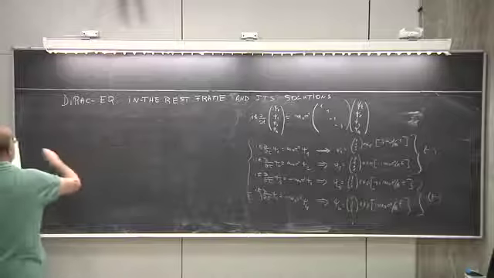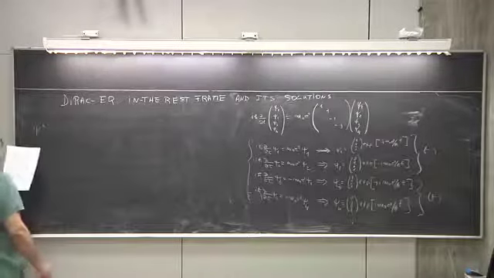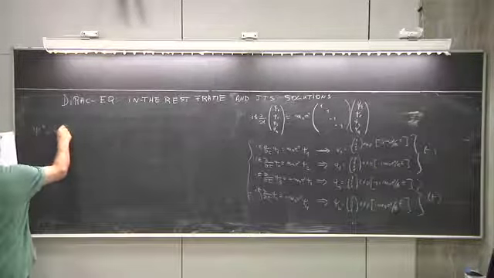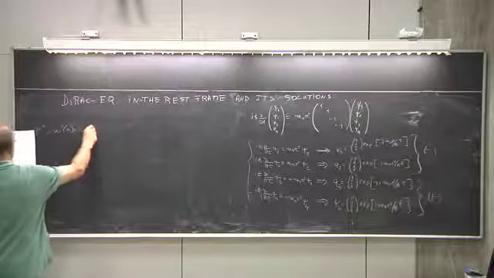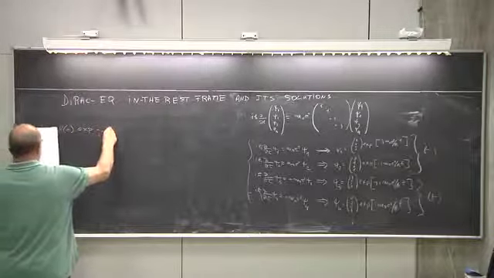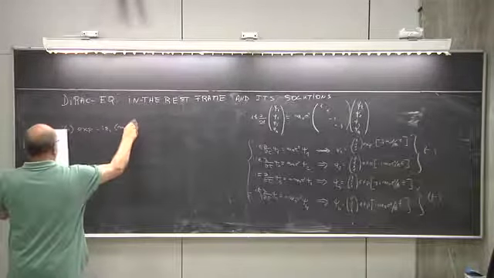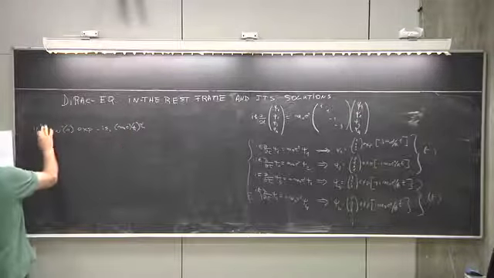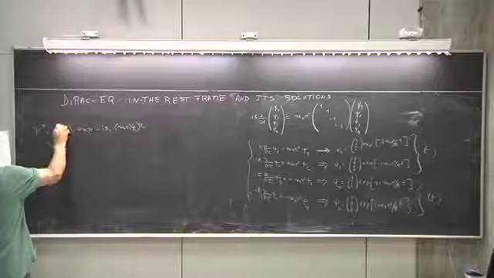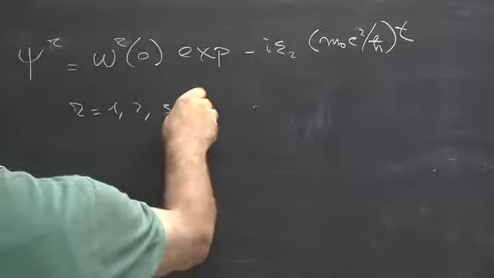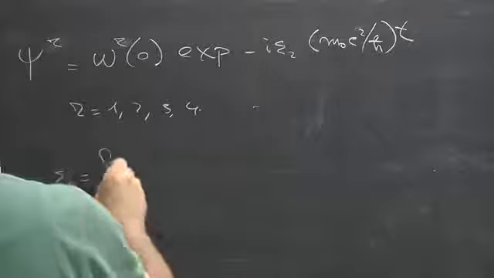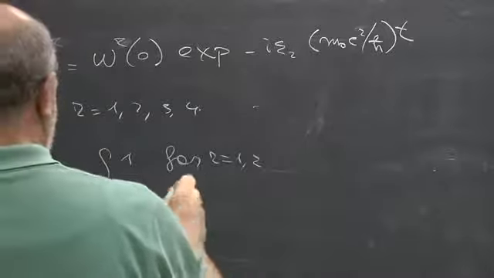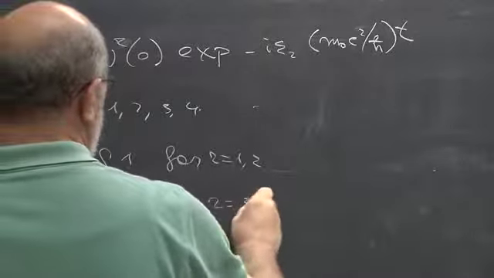Instead of what we wrote, they write psi_r, where r is 1, 2, 3, 4, and they say it is omega_r(0) times exponential of minus i epsilon_r m0 c squared over ħ times t. Here epsilon_r is 1 for r equal 1 or 2, and is minus 1 for r equal 3 and 4.